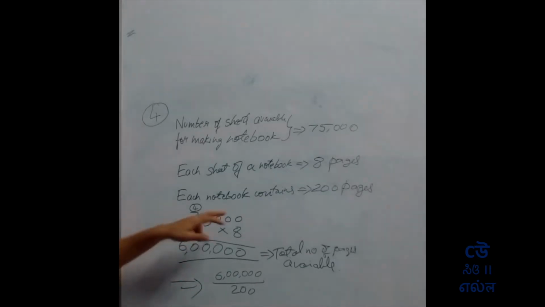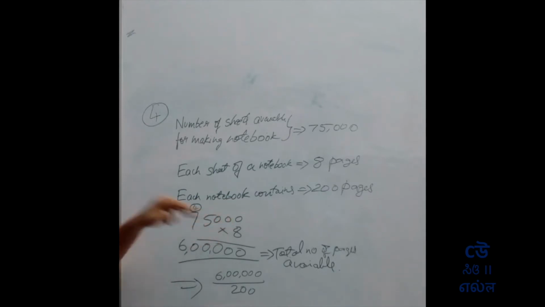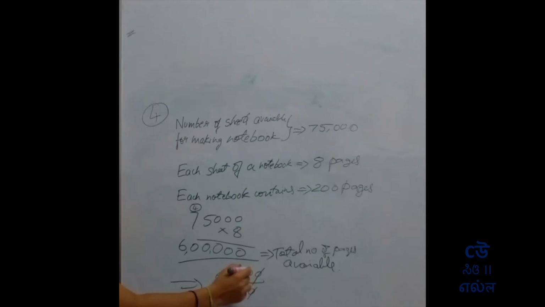If you divide the 6 lakh pages available by 200, you'll get how many notebooks can be made. 0 0 cancel, 0 0 cancel, then 2 ones are 2, 2 threes are 6. Then what is the answer, children? The answer is 3,000. 3,000 notebooks can be made.